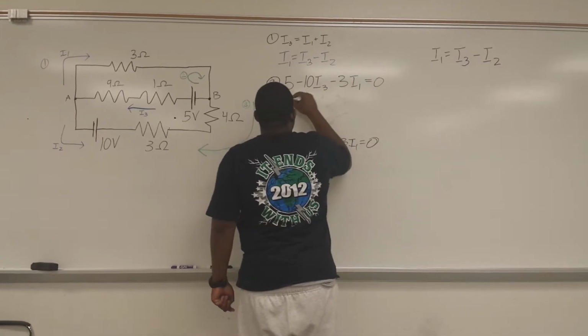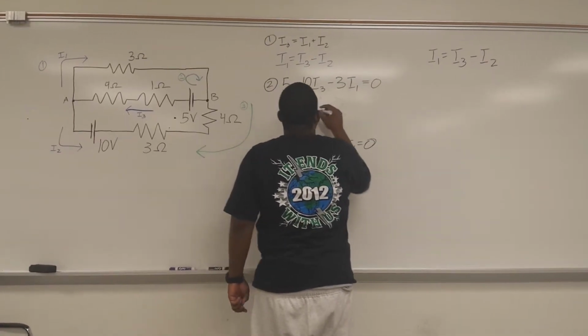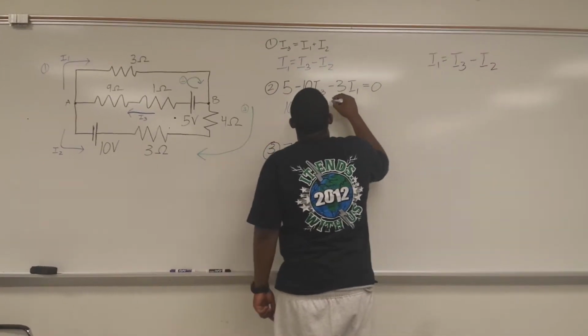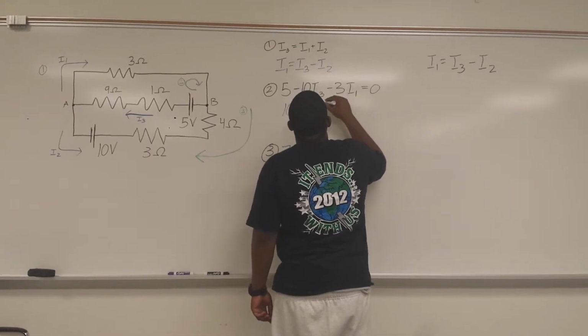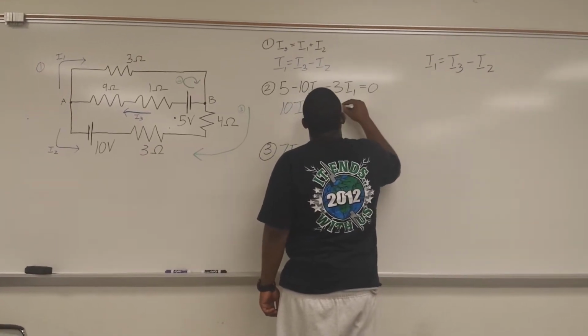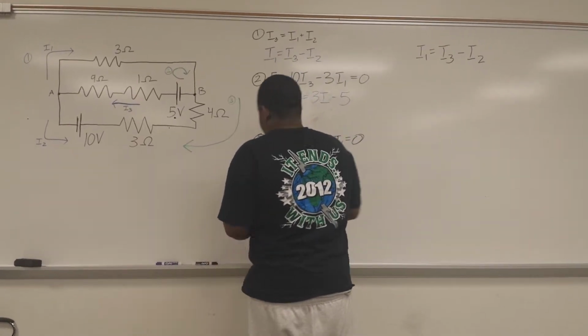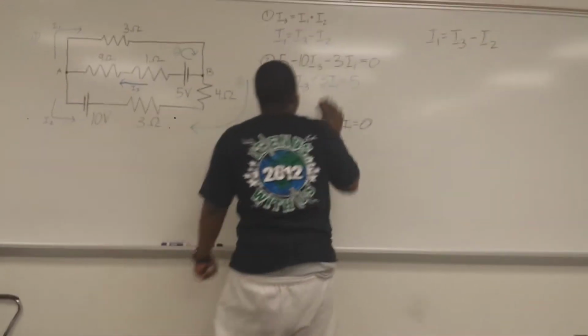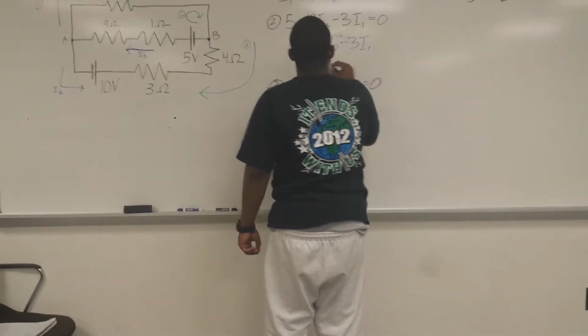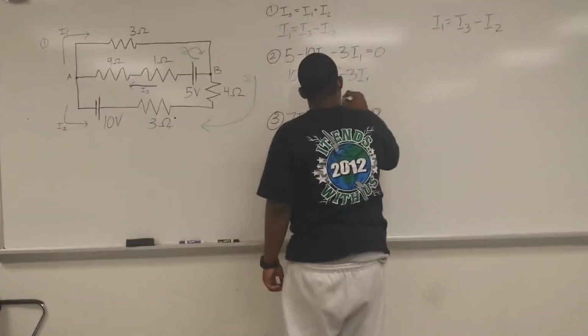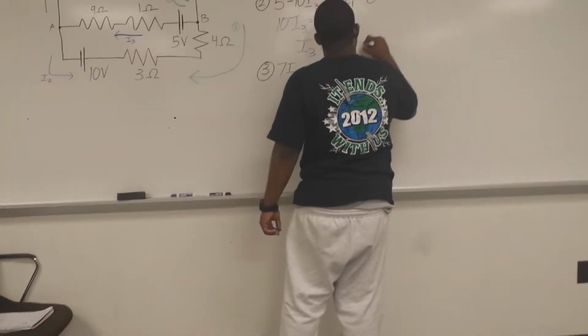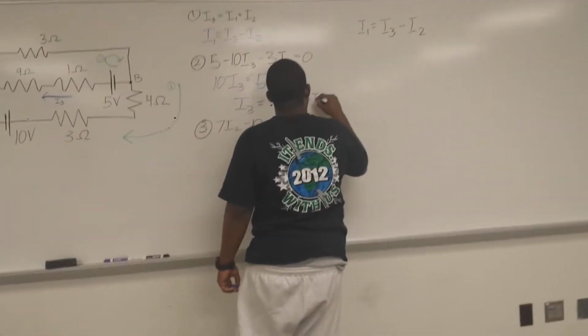So 10 I3 is equal to 3 I1 minus 5. That's wrong. My bad. I3 is equal to 0.5 minus 0.3 I1.